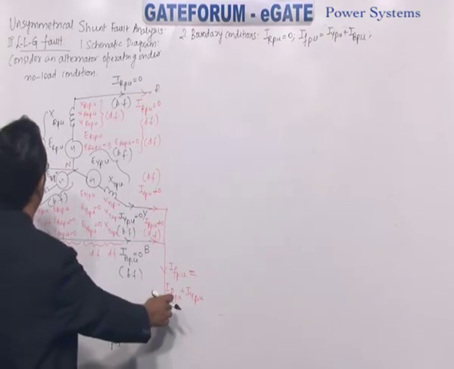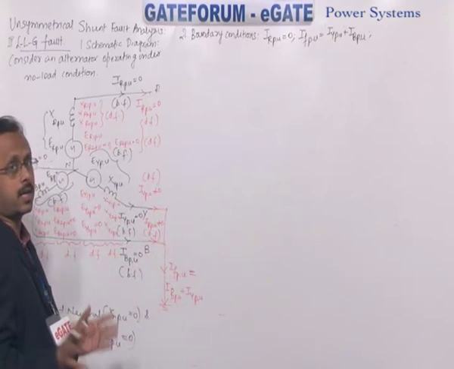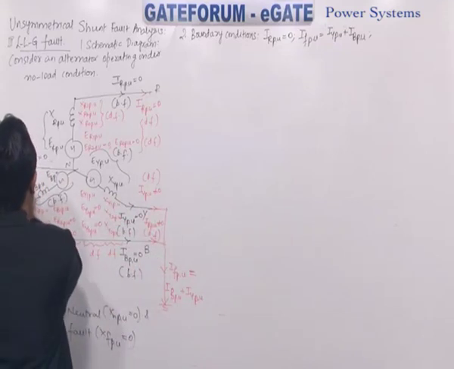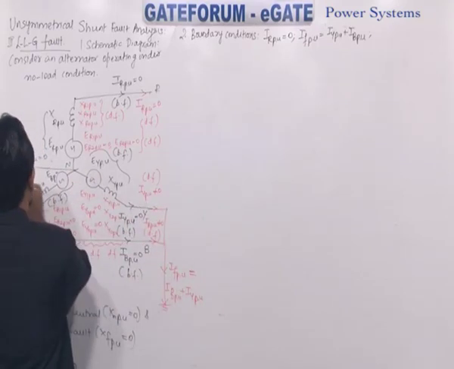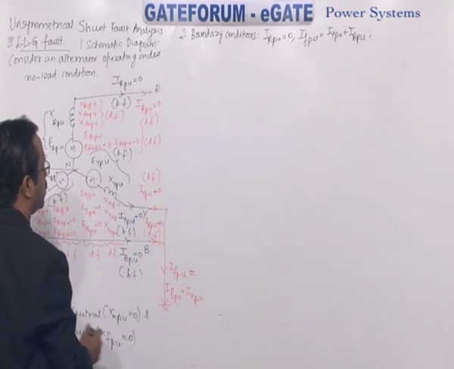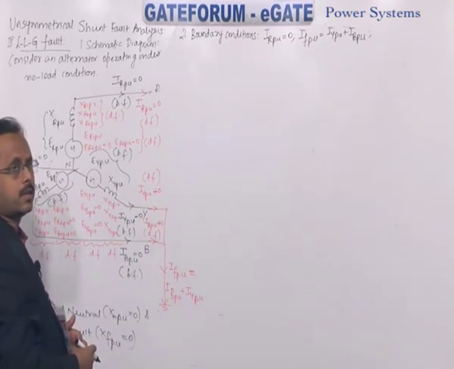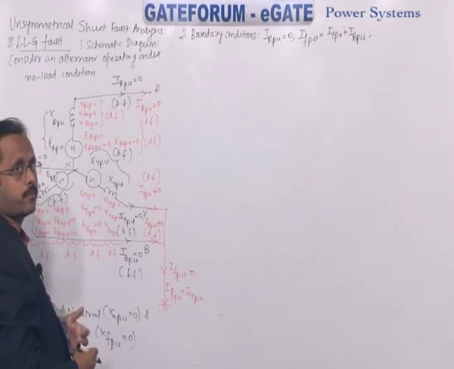So between two equal potential points, does current flow? Current cannot flow between two equal potential points. Therefore, IY per unit is 0.